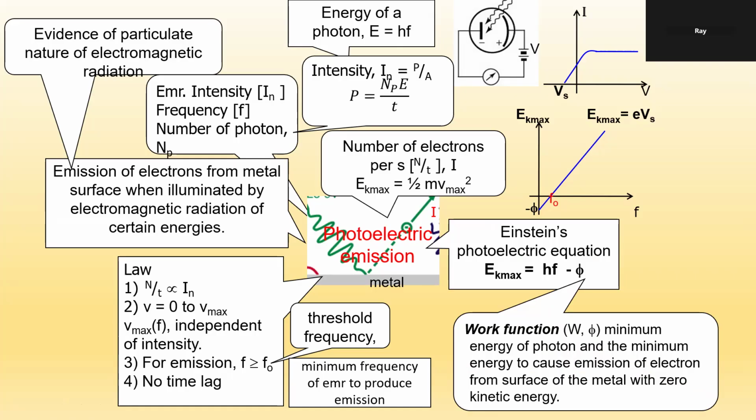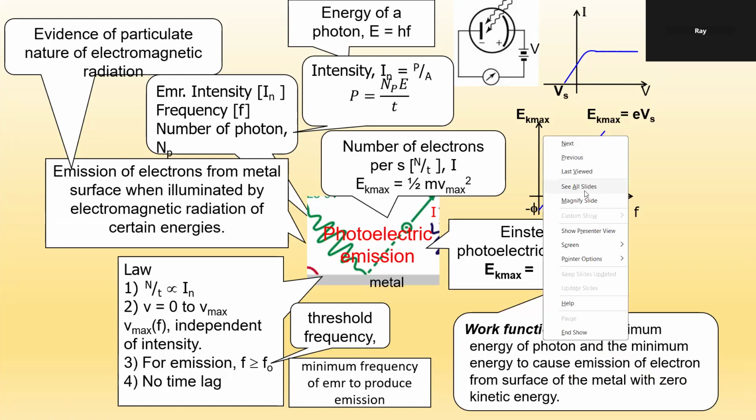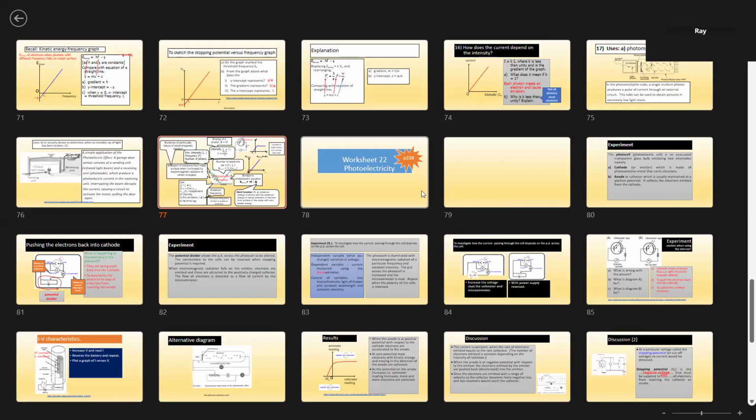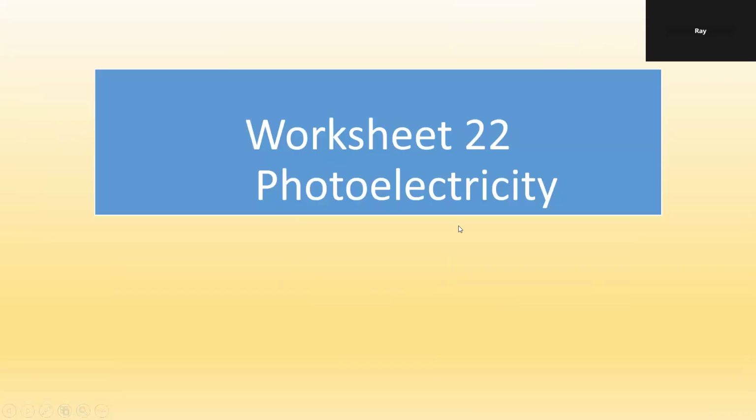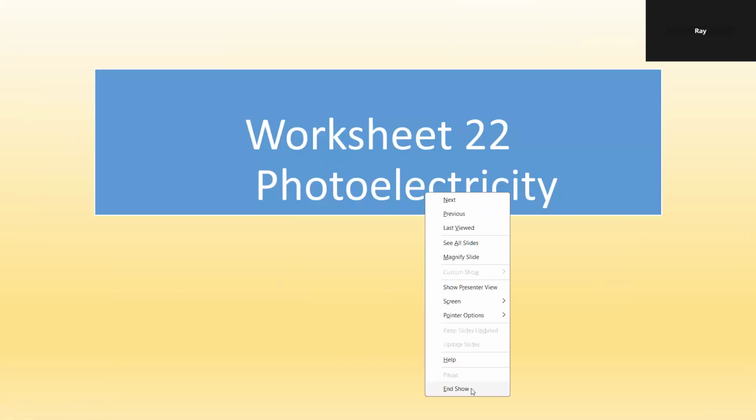Okay, any questions? Anything to comment? All right. If not, let's try to do some questions. You should try to do the other questions. Page 238, you can try the questions 2, 3.